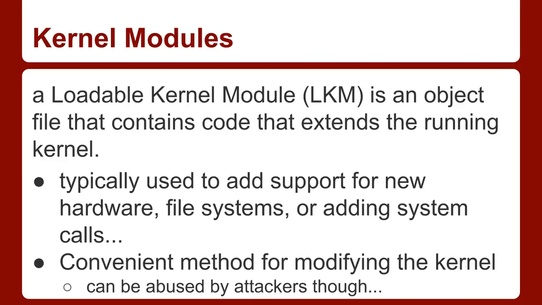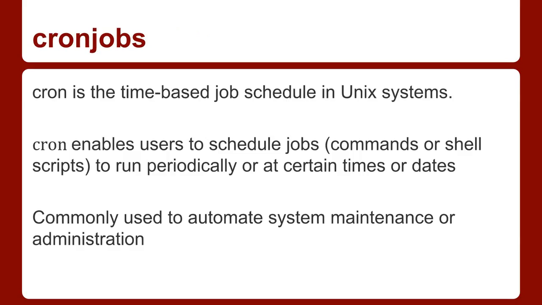And it is a very convenient method for modifying the kernel. However, it can be abused by attackers, and it's something that's very important to be aware of. Cron jobs are also important to be aware of because they allow for things to be run at a regular interval. Perhaps there's a system administration task that needs to be run.